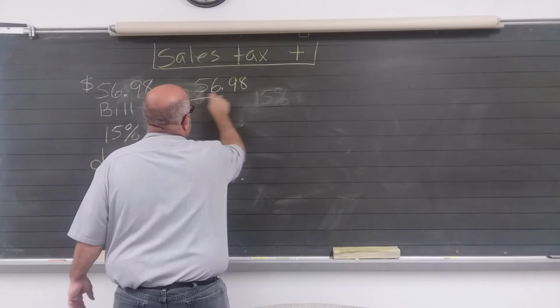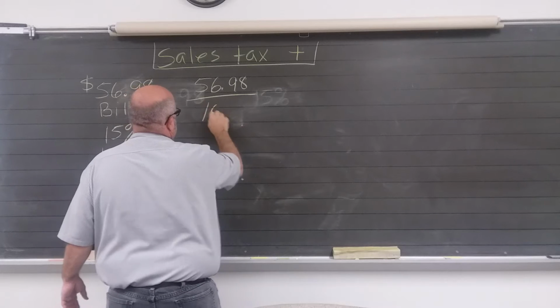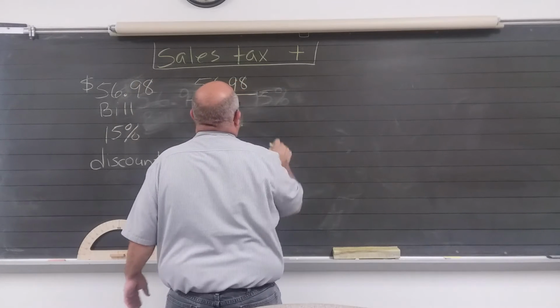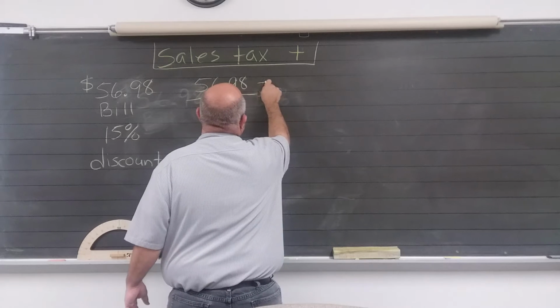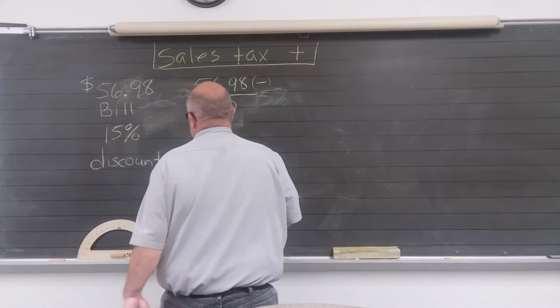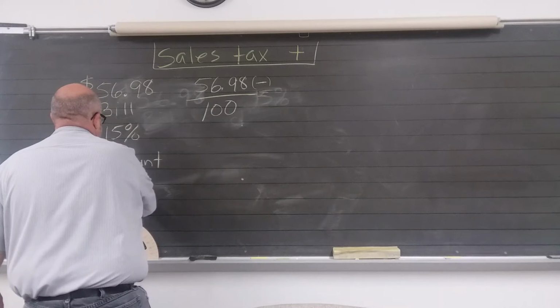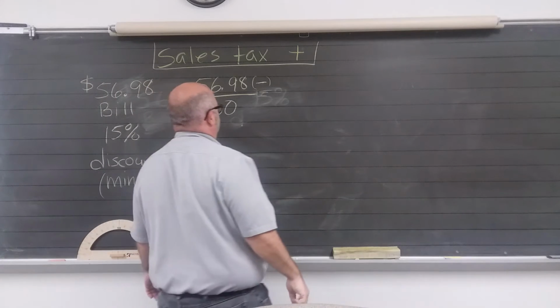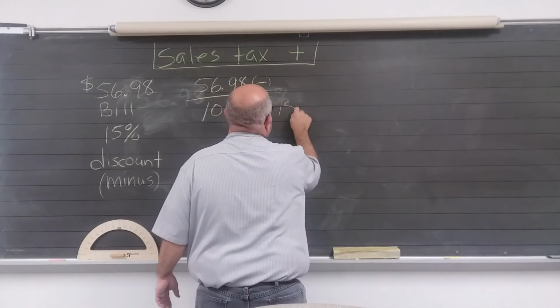56.98 over, that's 100% of the bill, right? Equals, and you are subtracting, because it's a discount. Discount means minus. All right? You're subtracting 15%.